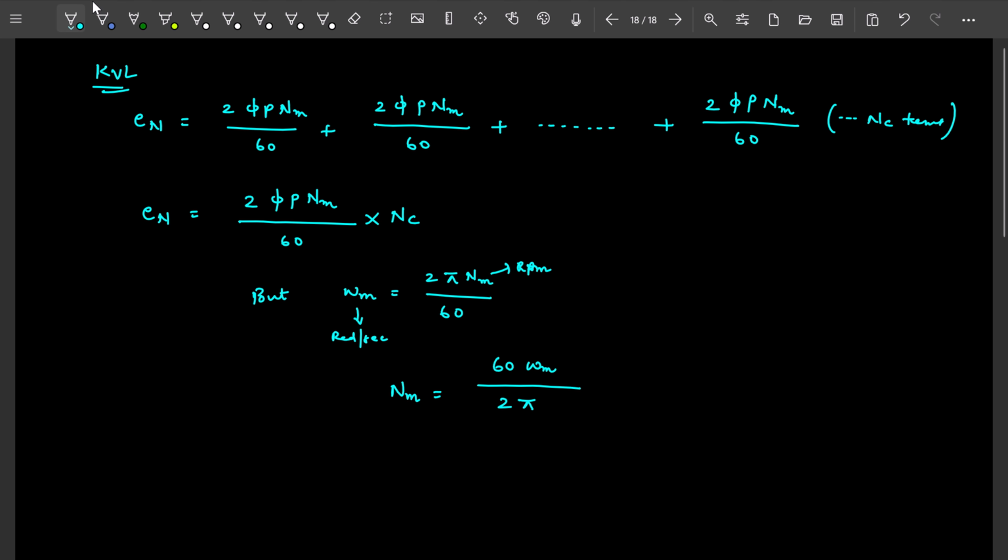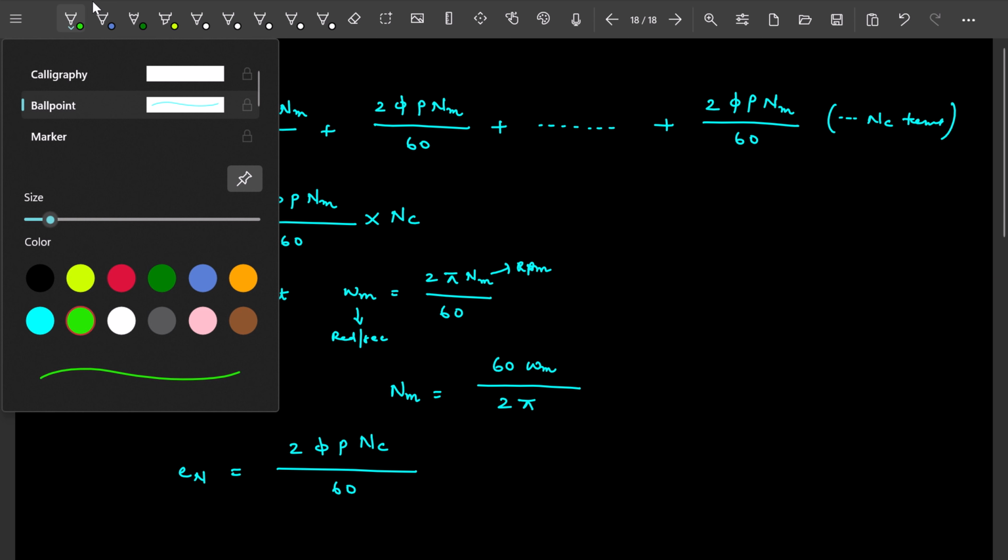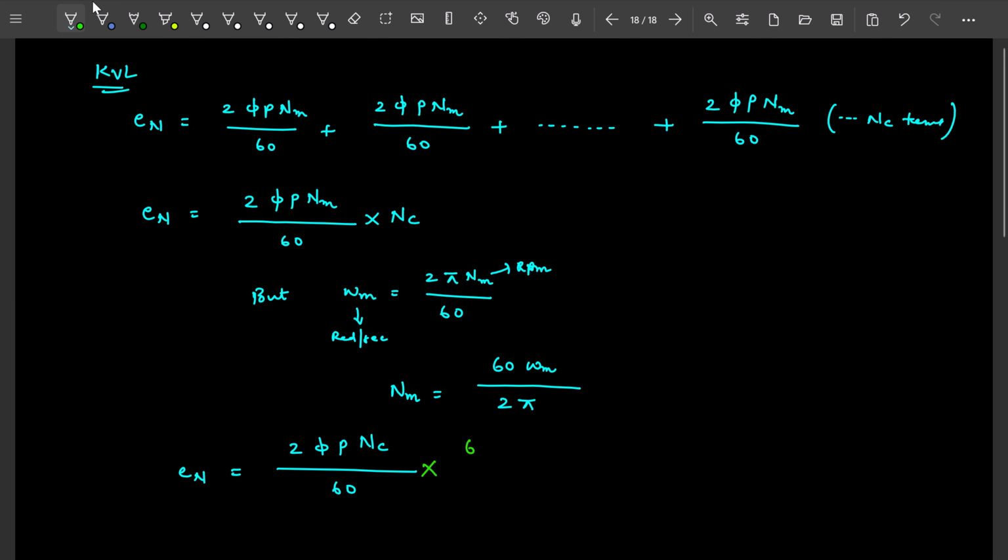Now substitute this to get En. We substitute whatever Nm is there, 60 omega m divided by 2 pi. The 60 and 60 cancel. What we are going to get is nothing but 5 P NC omega m divided by pi. This is that voltage.